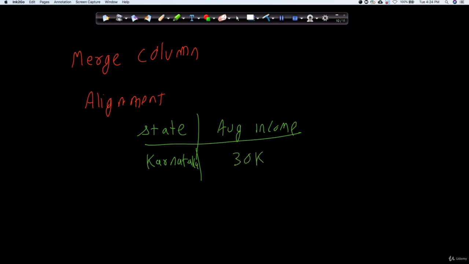I'm just putting some random number. Now let's say there is another row which comes out to be West Bengal. Now maybe by mistake the data got misaligned like this, West Bengal, and maybe for this I have 25k, like this it gets misaligned. So this is also a very common problem which happens, so you need to identify it and rectify that before you can solve that particular problem.